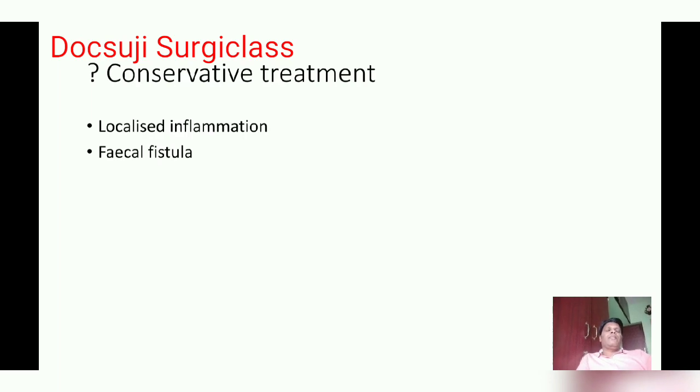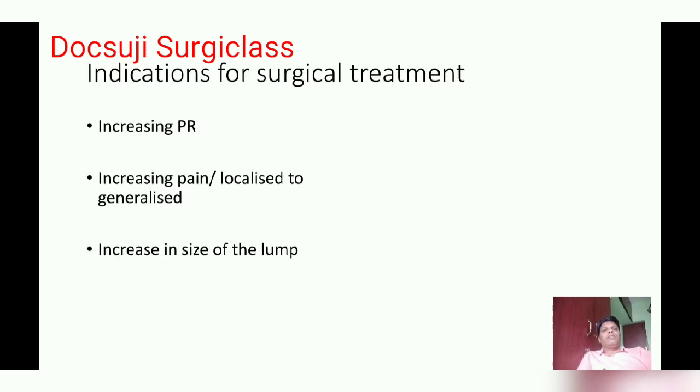Why not surgery? The reason is very simple. This inflammation is already localized, so don't try to create anything. Even if you do any surgery, that causes more problems, like fecal fistula formation. Because of the inflammation, it forms a fistula, an enterocutaneous fistula. So because of this, you have to give a conservative treatment.